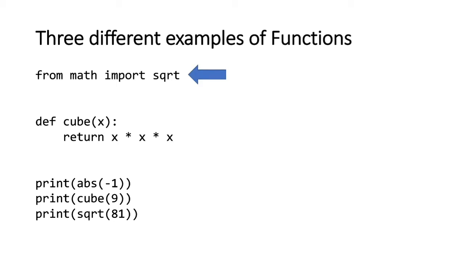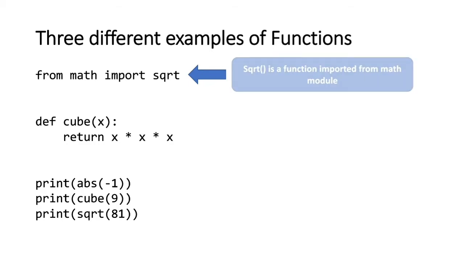So math is a module which contains a lot of functions that perform mathematical operations such as square root, sine, cos, tan, trigonometric values, the value of pi, and so on, right? So sqrt is a function which is imported from the math module.